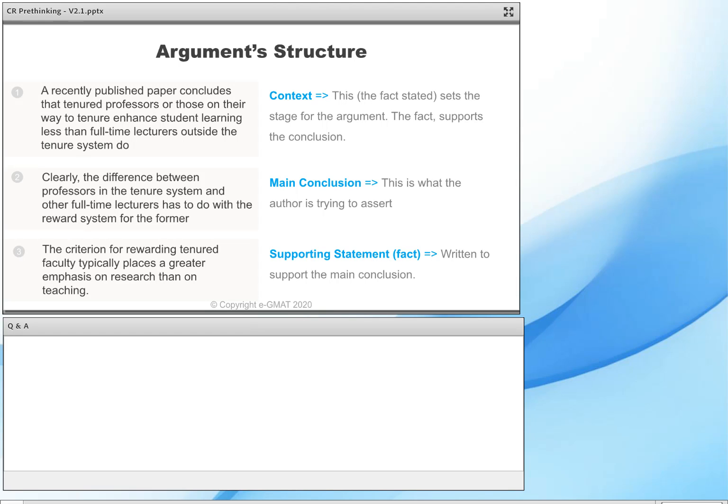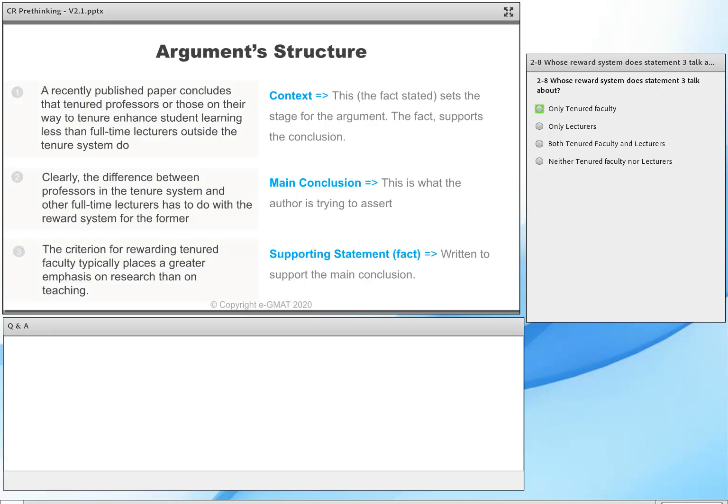Okay, and I have this poll question here that I want you to reopen this poll. Whose reward system? Is it just tenured faculty, just lecturers, both tenured faculty and lecturers, and neither? Really important to understand. Again, let's get about 40 responses here.